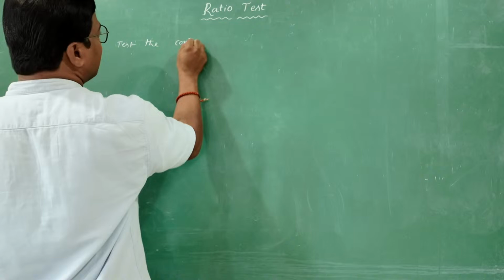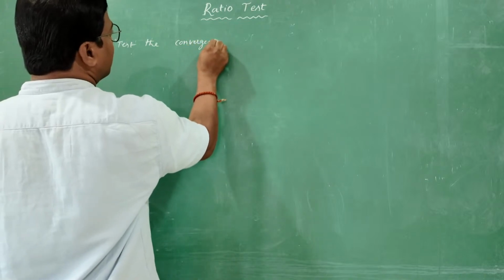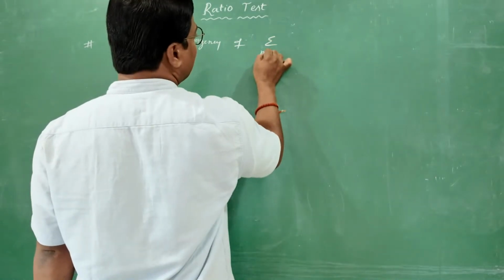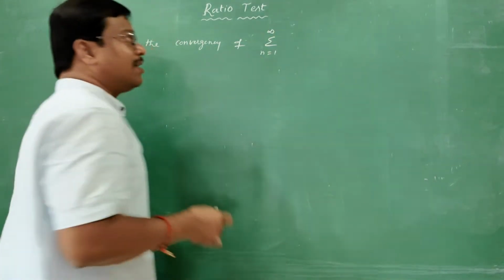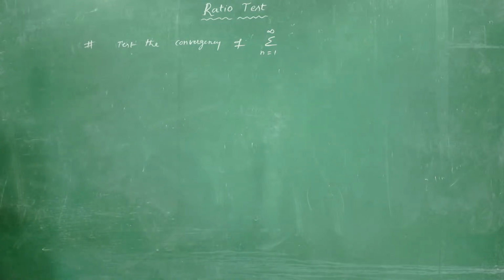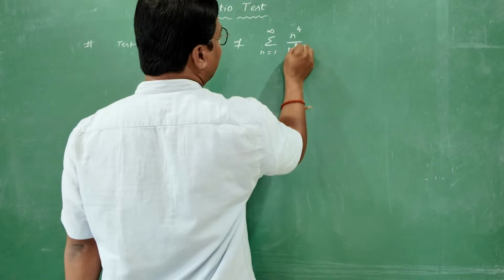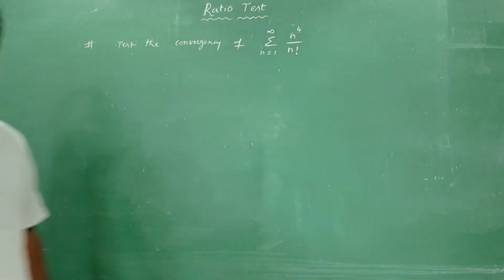Test the convergency of summation n from 1 to infinity, where the function un is n power 4 by n factorial. This is the question.